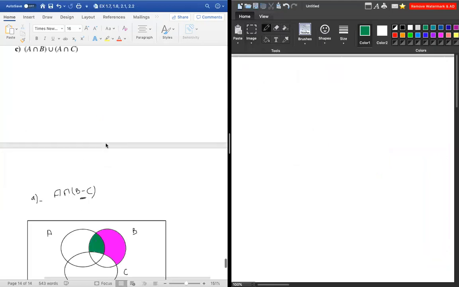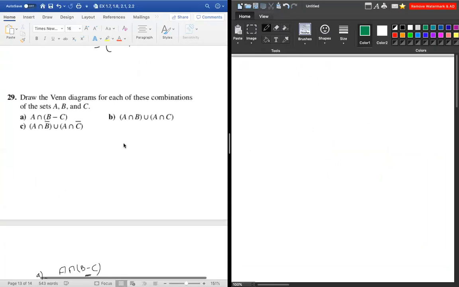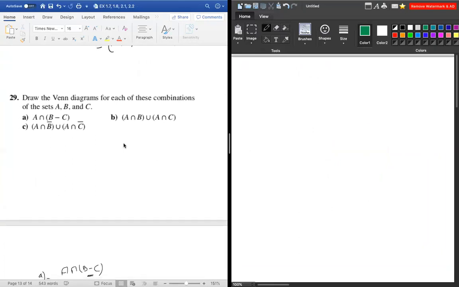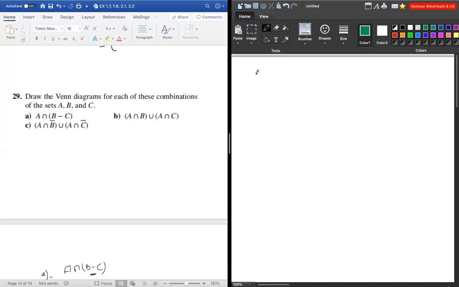Let's do part number C. So we have A intersection, and then we have B complement, with the brackets around.